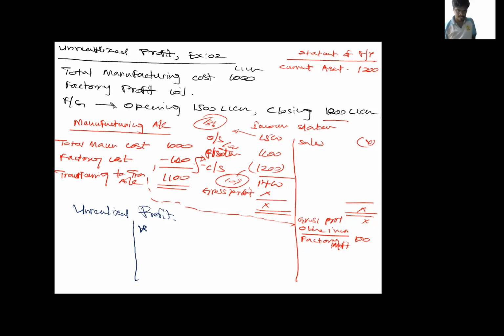Let's record that as the opening balance of unrealized profit account, 136. And at the end of the period also we are having a closing stock of 109. That means the balance of our unrealized profit account at the end of the period, balance brought down, should be 109.